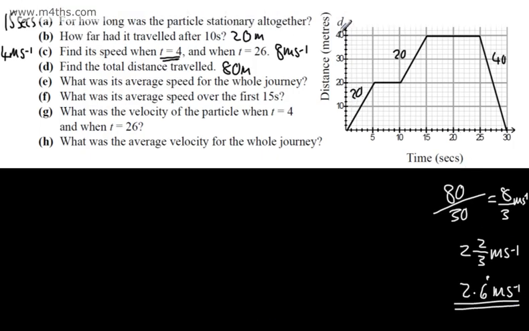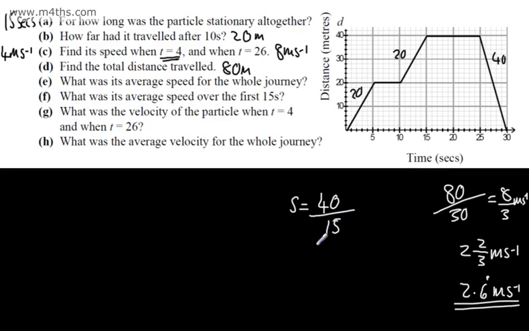We've got now 80 distance, the distance covered is going to be 80. We've got now a time of 30 seconds. What was the average speed for the first 15 seconds? Well, if we look at the first 15 seconds, we've got 40 divided by 15. So let's put this in. So the speed is going to be 40 meters divided by 15.